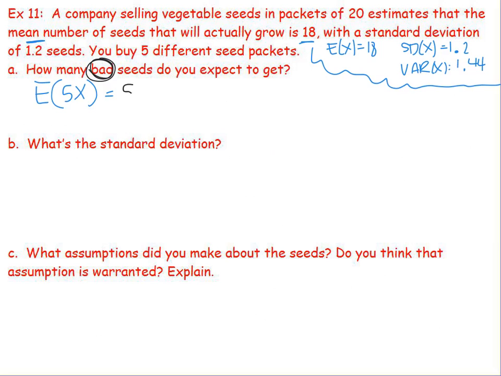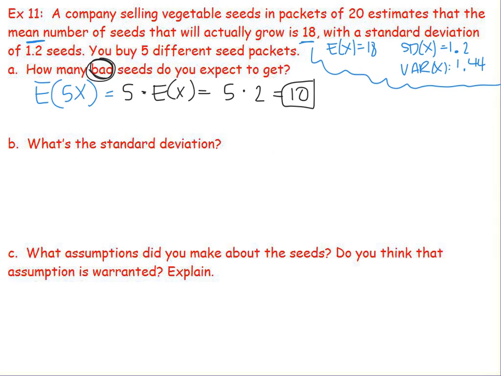We're going to take 5 times the expected value of x. And so the expected value for bad seeds is 5 times 2. On average, we get 2 bad seeds in each packet. So that's an average of 10 bad seeds altogether.